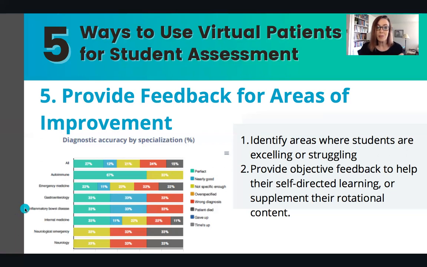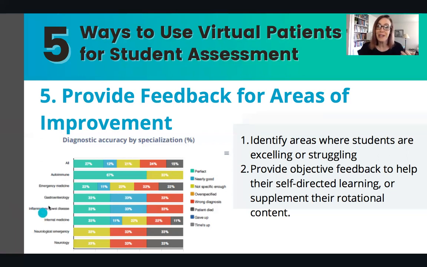To have very specific numbers like this really gives you something nice and neutral to present to a student. Hey, look at this. I noticed that on each of these different categories, no matter the specialty, there was some difficulty obtaining the proper history information from the patient to make the diagnosis. Let's talk about why that is and what we can do from here.